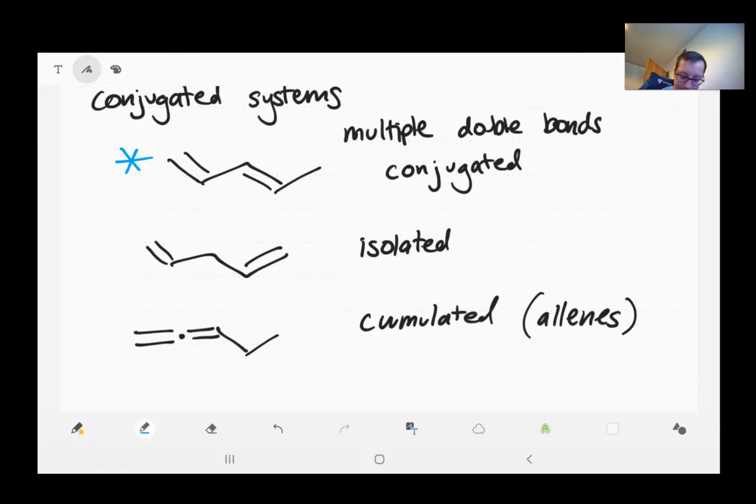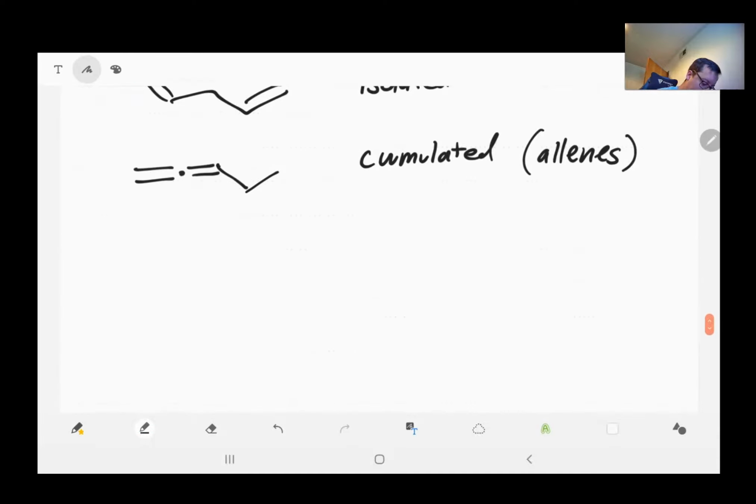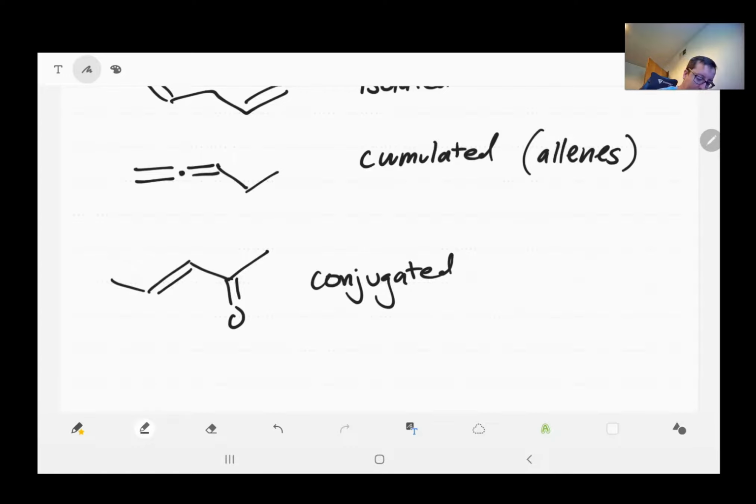Alrighty. Let's talk about conjugated systems. In all of these, I've put them as carbons, but we can totally have other things in here too. This would be conjugated. And this is in fact called an enone.